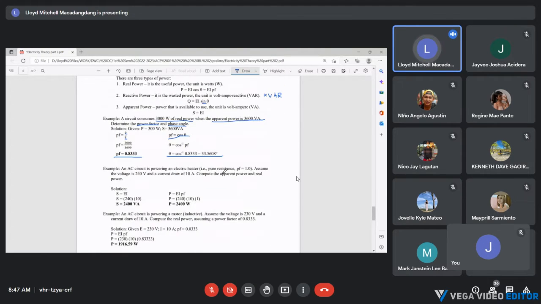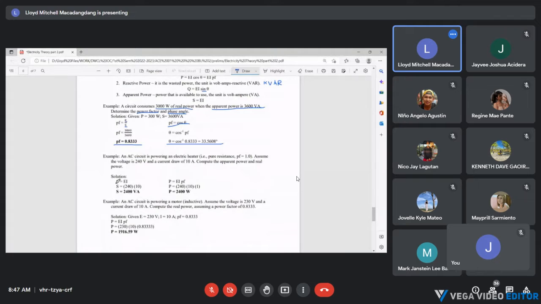So meron tayong, so si apparent power is direkta lang na EI. So parang DC lang siya. So given na si voltage and current, so multiply lang. We have here apparent power is equals to 240 volts multiplied by 10 ampere.